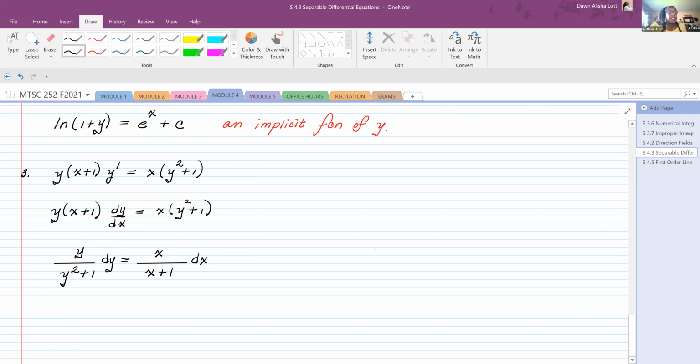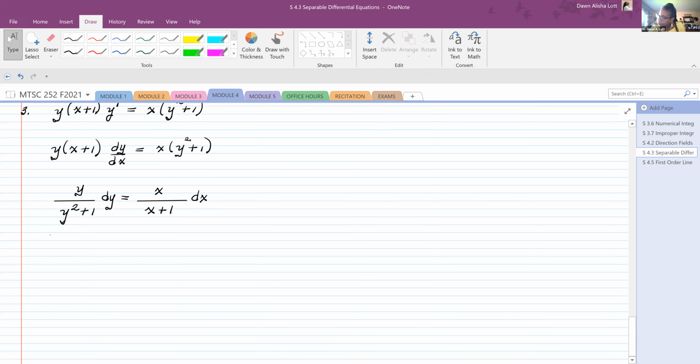Okay, so now I want to integrate them. The integral of y over y squared plus 1 dy is the integral of x over x plus 1 dx. Now, this x plus 1, that one's a little tough.